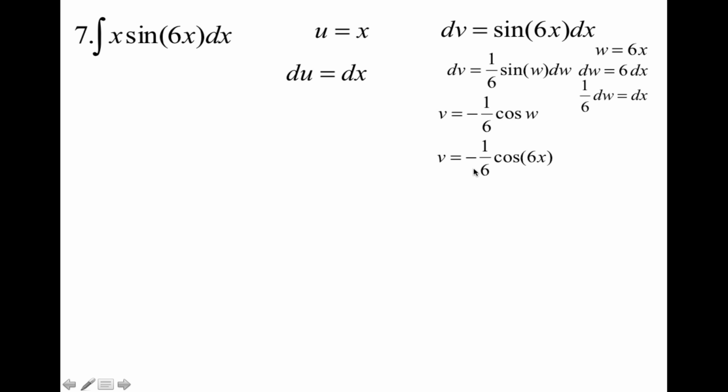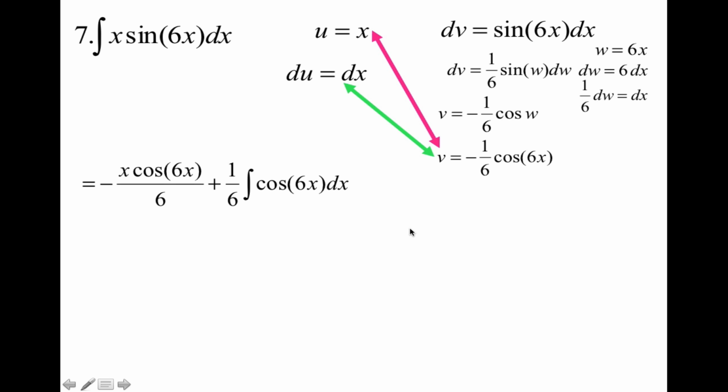All right, now I'm going to go ahead, multiply the u and v minus the integral of v du. And of course, this negative cancels the subtraction sign. And when I integrate this cosine 6x, I'm going to have to do u substitution again.